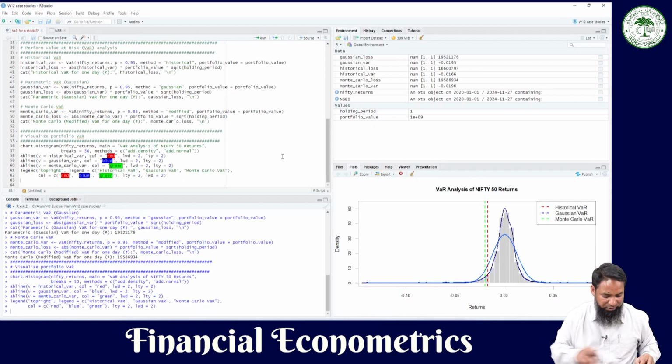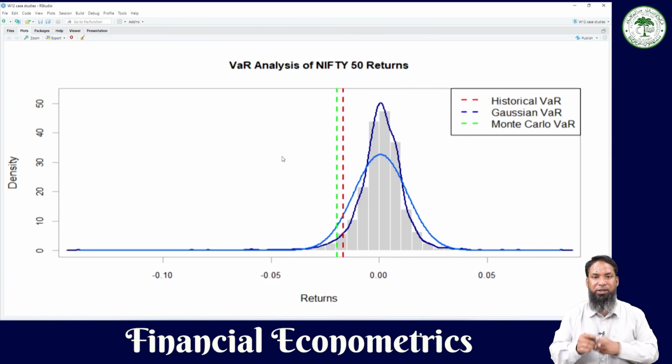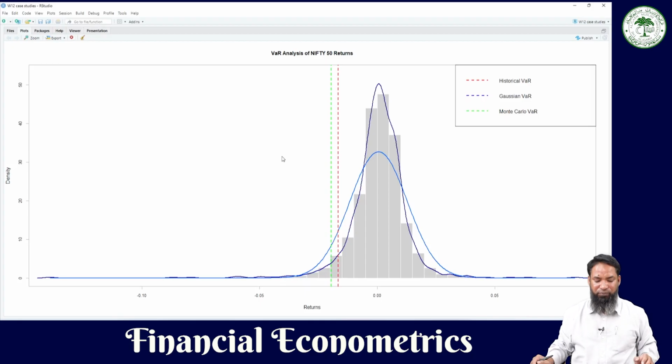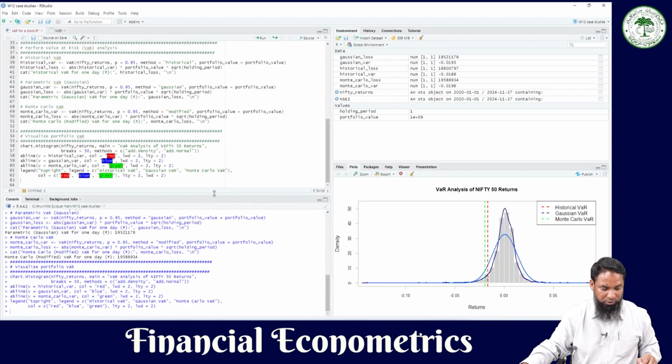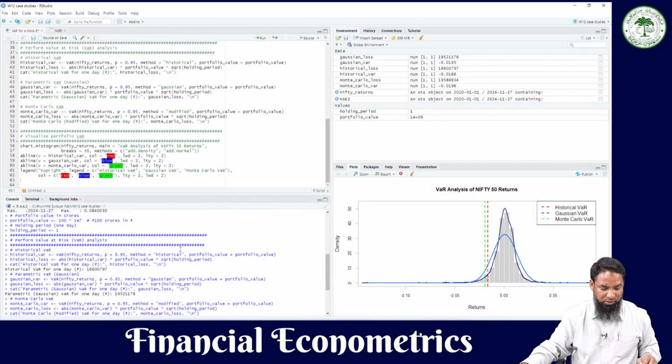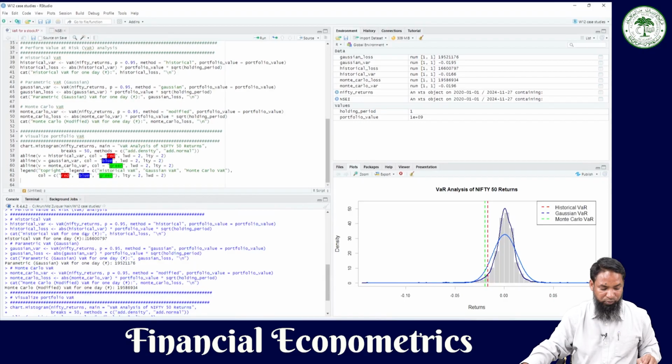So how can we make the interpretation here? That means if you are having the historical value at risk, then we are making the loss of 1 rupees.